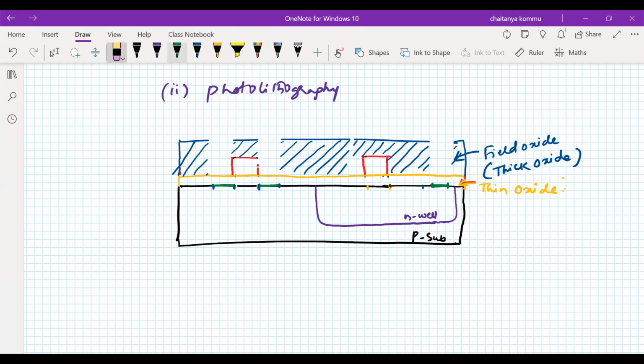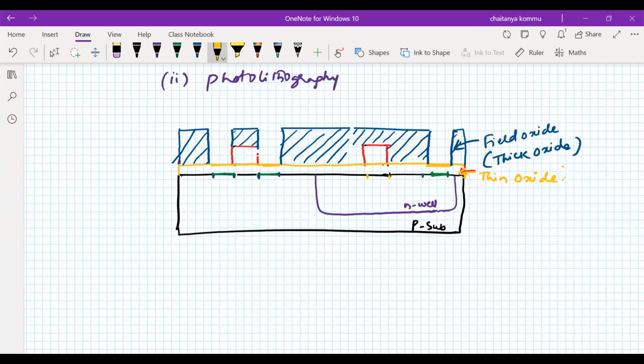How have I done this? By using the photolithography process. After that, hydrofluoric acid is used to remove the unwanted portions of silicon dioxide. I hope you understand this. So I have opened the window for this one.